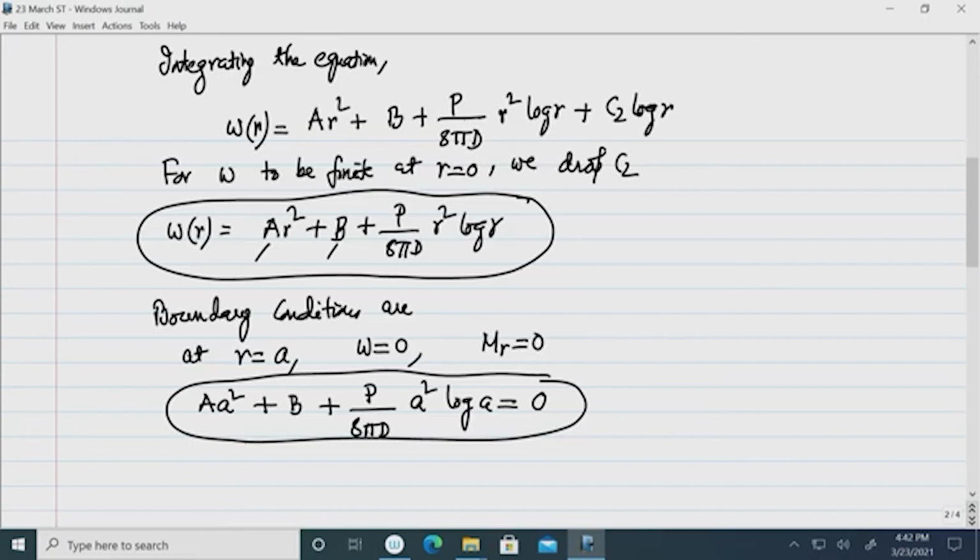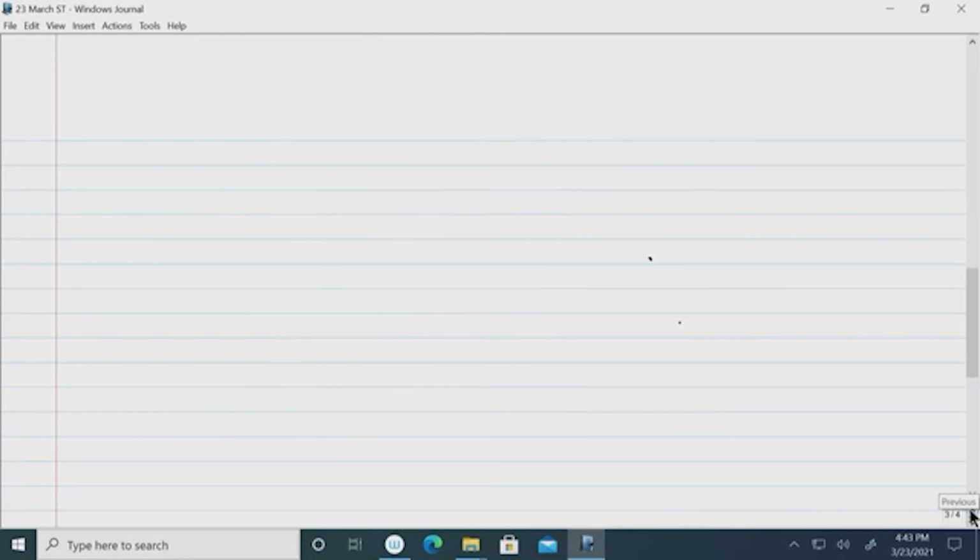Second equation is obtained applying the radial moment condition to be 0 at the edges. Okay. Now, if I go into finding the radial moment, then we should know the first derivative and second derivative, because the radial moment contains the curvature as well as the slope also in axisymmetrical polar coordinate system. So, dw by dr is now equal to 2 A r plus P by 8 pi D (2 r log r plus r). Okay.